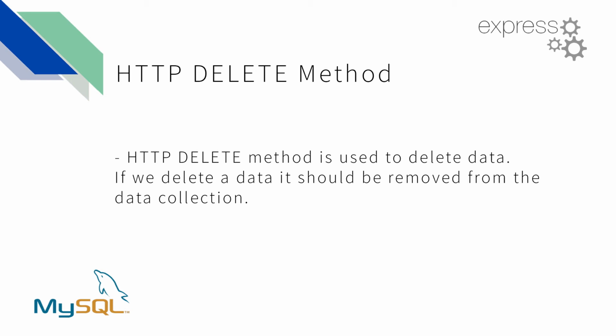From the word itself, the DELETE method is used to delete data. If we delete the data, it should be removed from the data collection. I think it's pretty clear what delete does. Those are the four most important HTTP methods that we have. So yep, let's begin building our APIs.